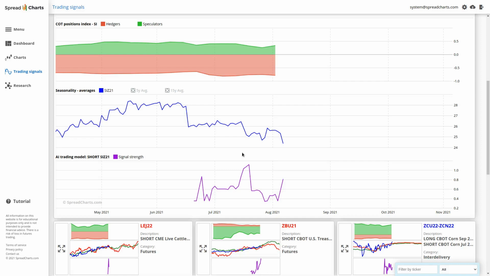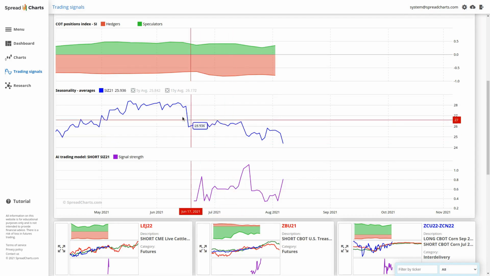I developed a complex machine learning model that takes not just seasonality into account, but also many other types of data. It is able to make predictions in real time and adapt to the ever-changing market conditions.